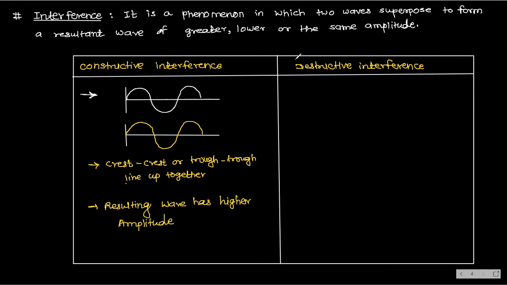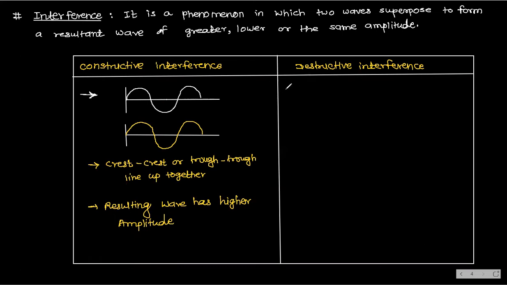You know, intensity is directly proportional to amplitude square. If amplitude is more, intensity is also more. So let's talk about amplitude; automatically we will get an idea about the intensity, because intensity is directly proportional to amplitude square. Clear?